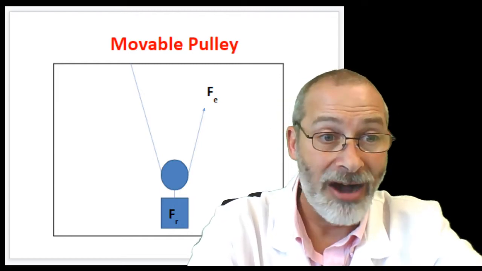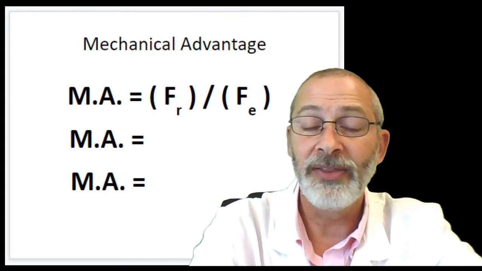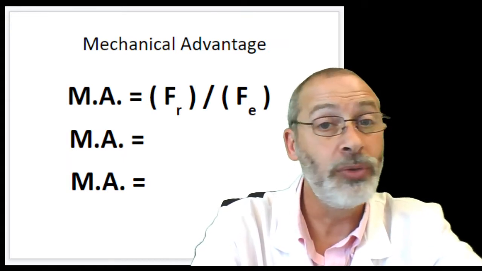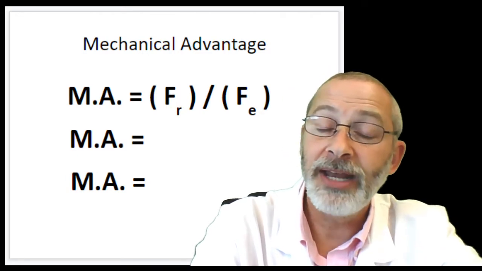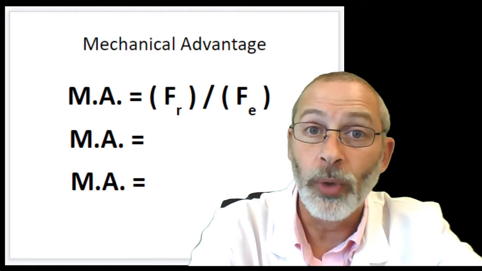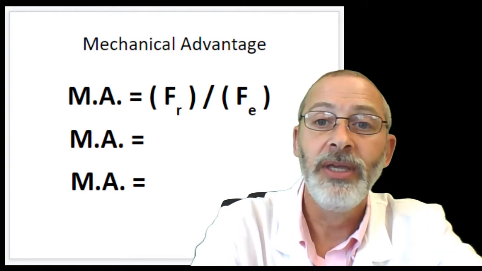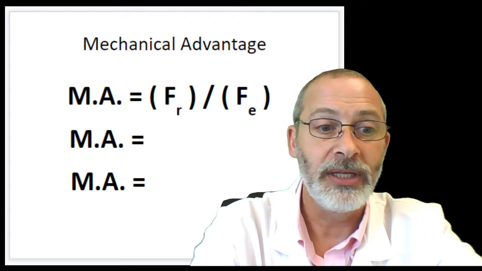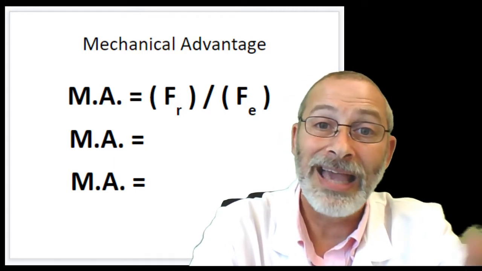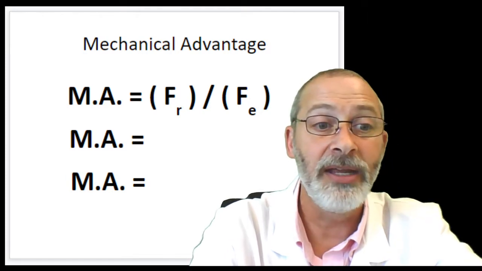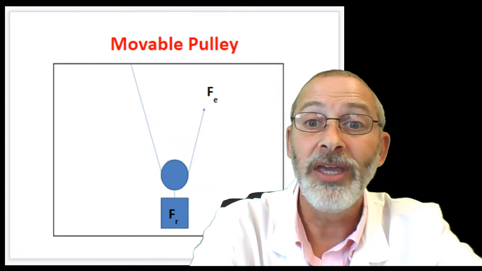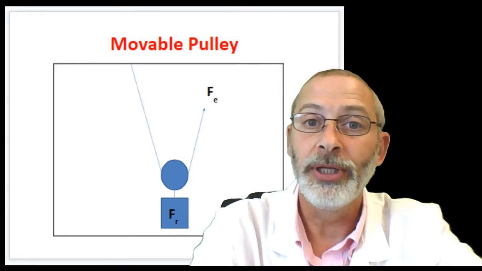And you're going to be calculating it by dividing the resistance force, 5 newtons, that's the same, divided by the effort force of 2.5. 2.5 is the effort force in that example. All right, so take a moment, calculate the mechanical advantage, and make sure you have copied the diagram of the movable pulley.